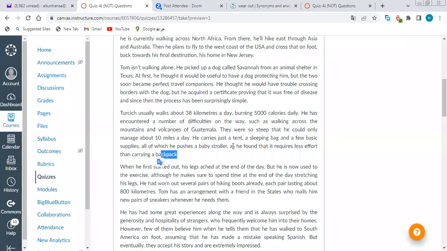He pushes, push I mean يدفع للأمام, a baby stroller. All the things are in a baby stroller because it requires less effort.